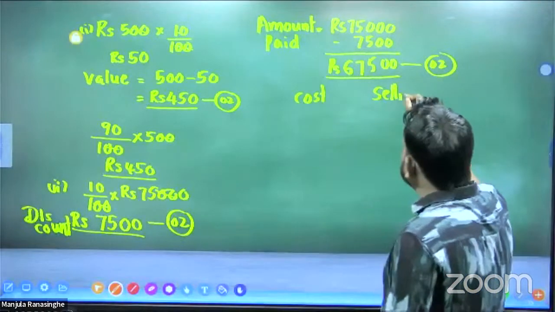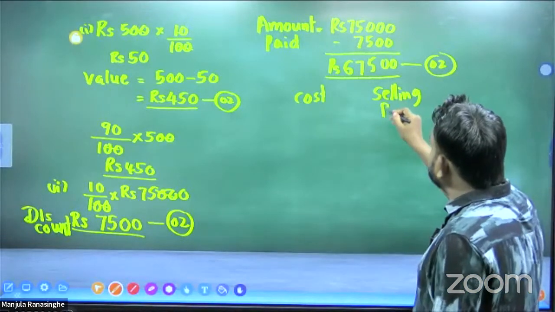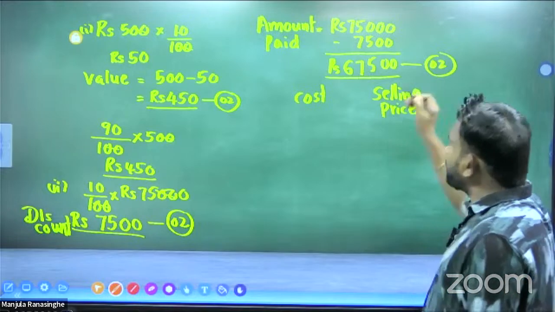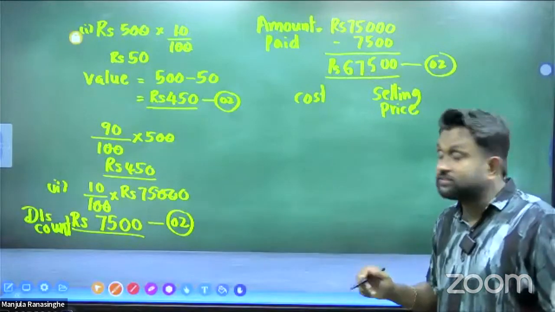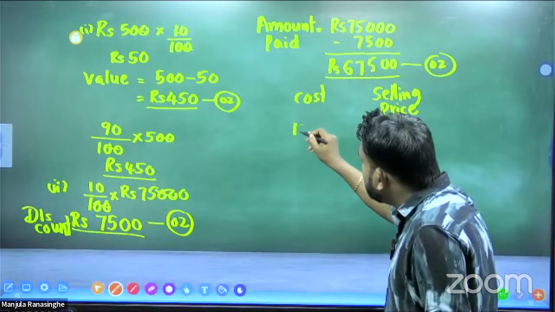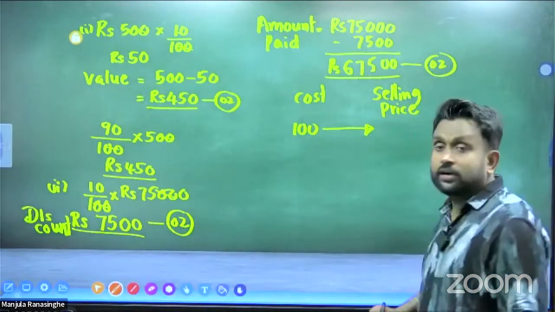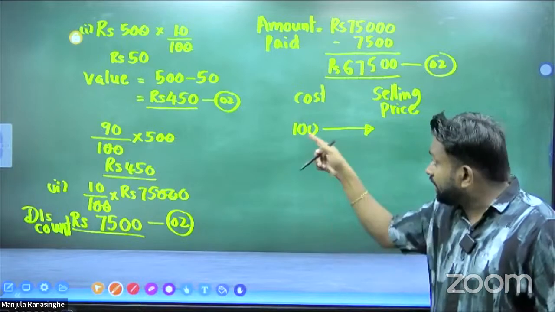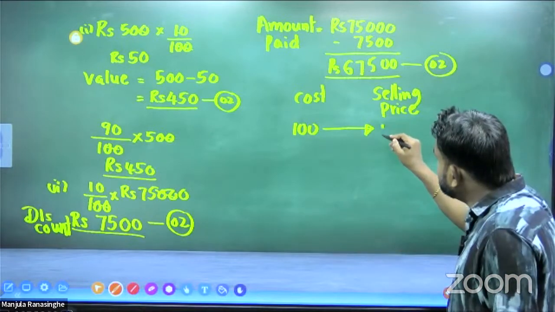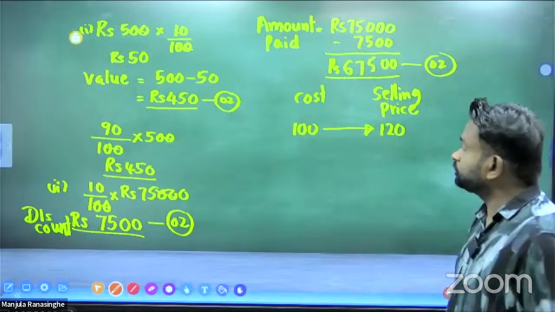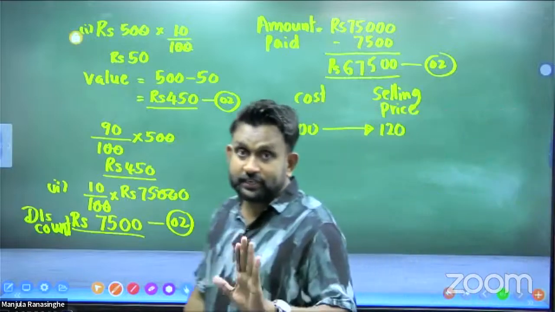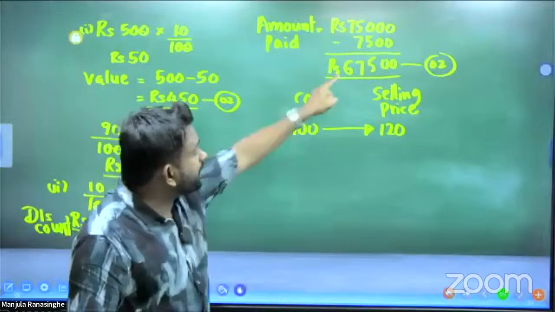So keeping a 20% profit margin means if the cost of the good is 100, they are selling with the profit 20 added to that 100. So the selling price becomes 120. Okay. So in this scenario, the selling price is given.